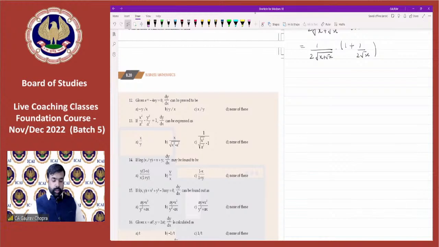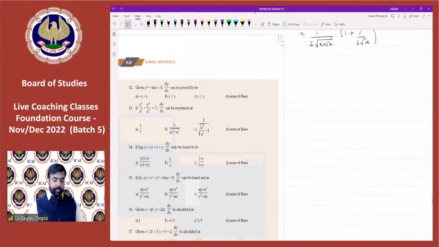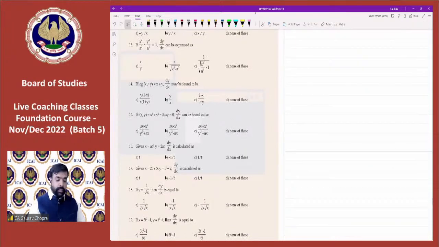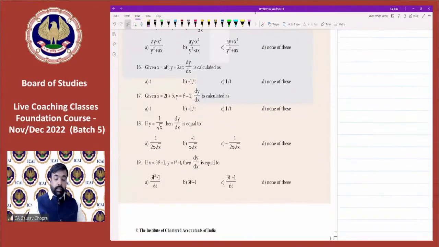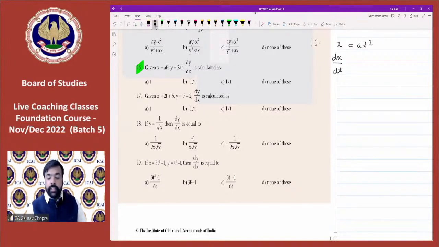Then let's try some more questions. Question number 16 we can solve. X is equal to at square. So we can write dx by dt, derivative of x with respect to t. So what will happen? It will be 2at.